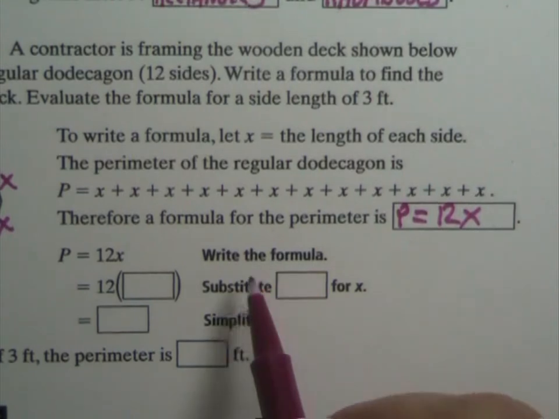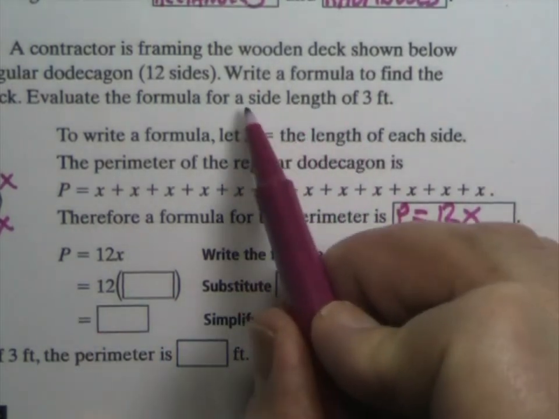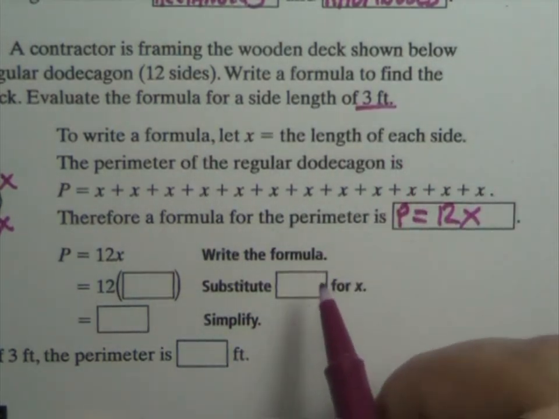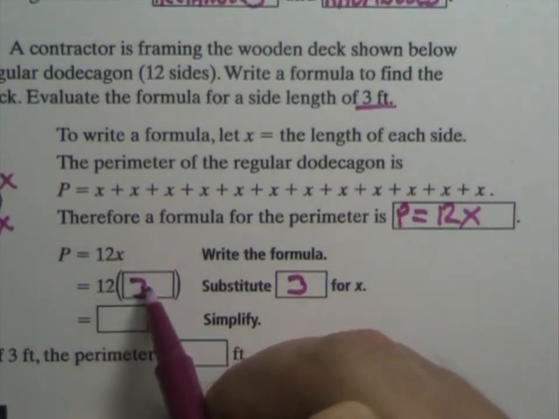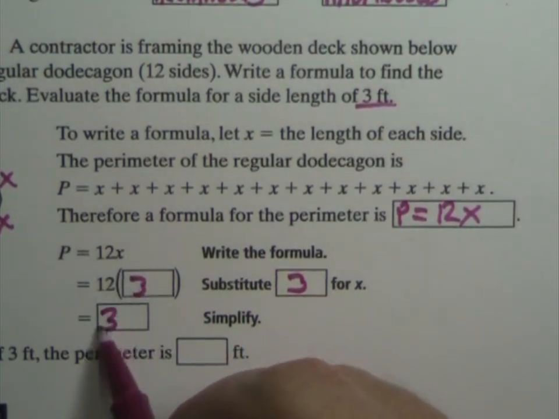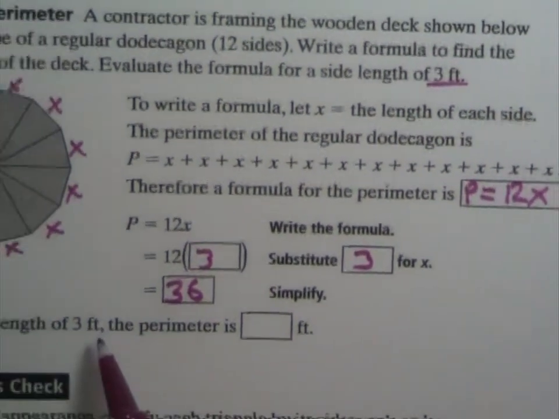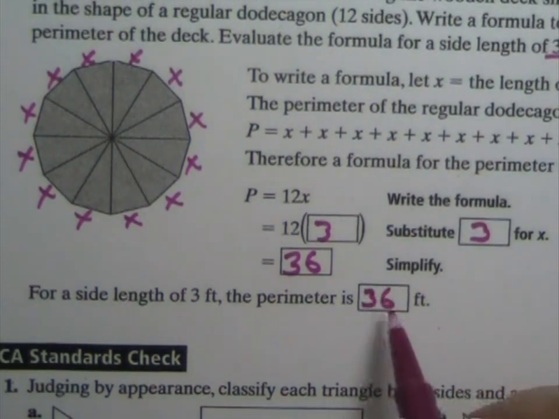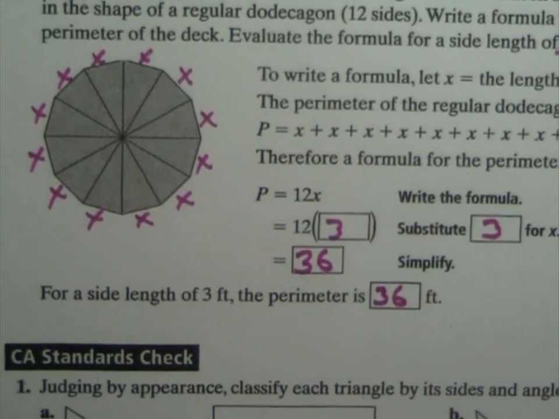Then for the x, we're going to substitute the side length of 3 feet. So I'm going to put 3 for x. And 12 times 3 is 36. So for a side length of 3 feet, the perimeter is 36 feet. Going all the way around is 36 feet. That's the perimeter.